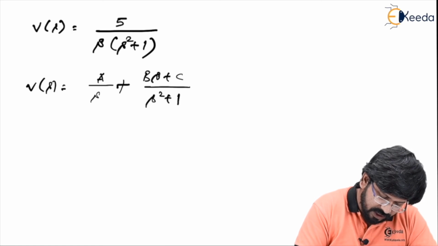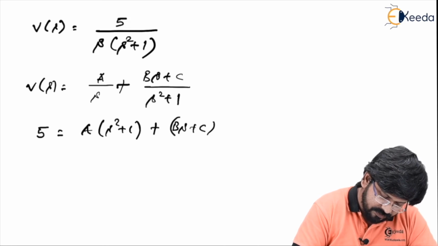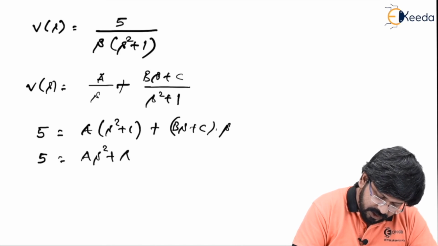So this can be written as 5 equal to A into (s square plus 1) plus (Bs plus C) into s. 5 equal to A s square plus A plus B s square plus C s.